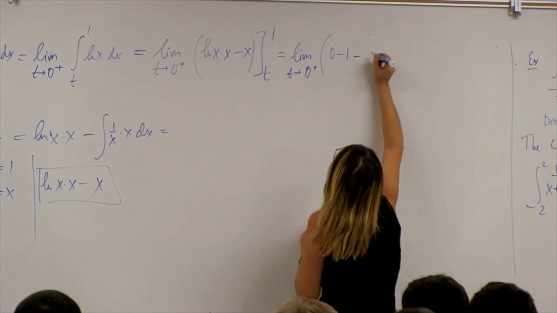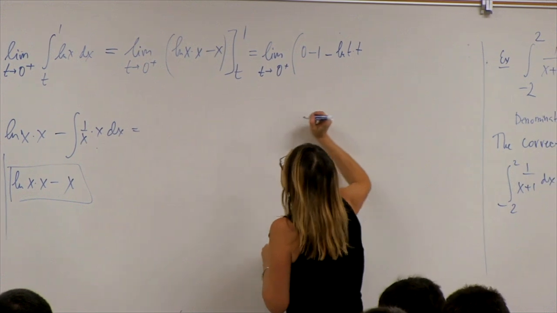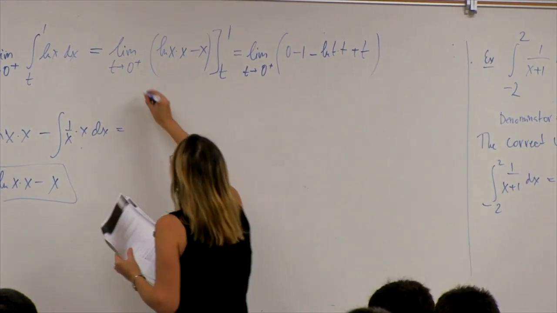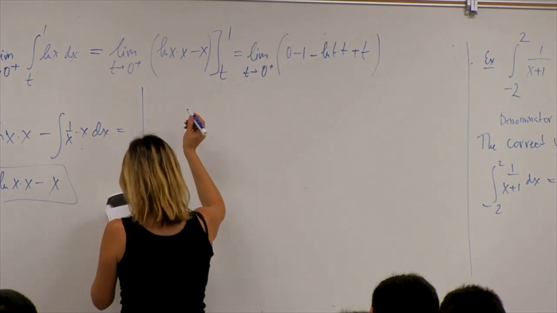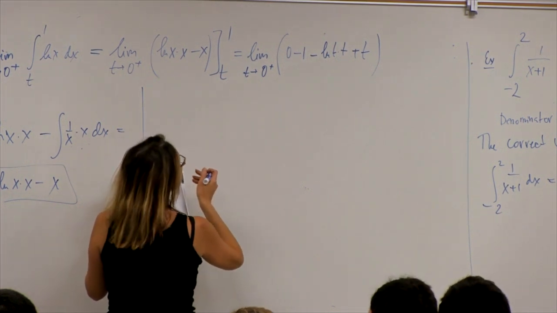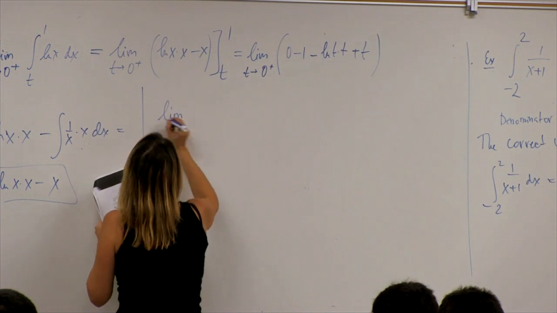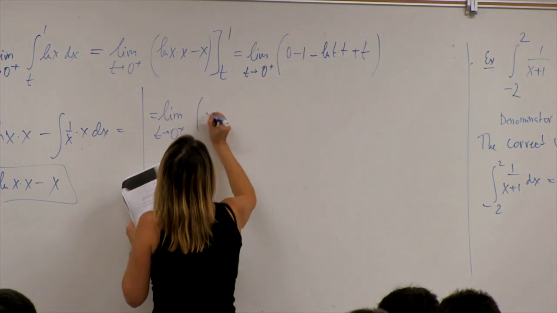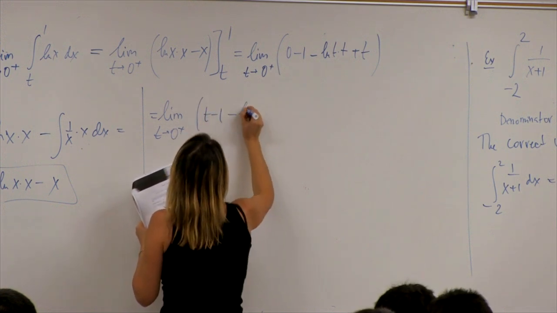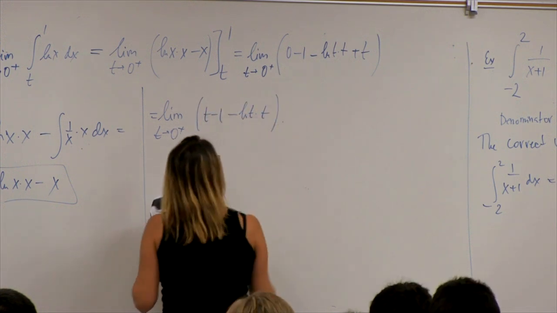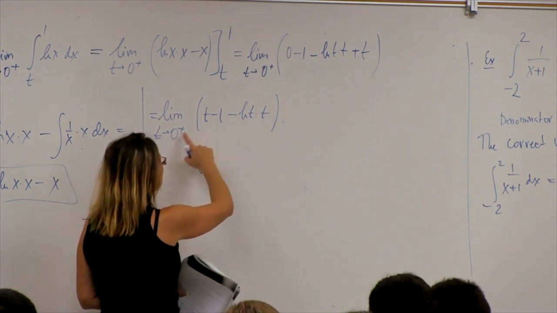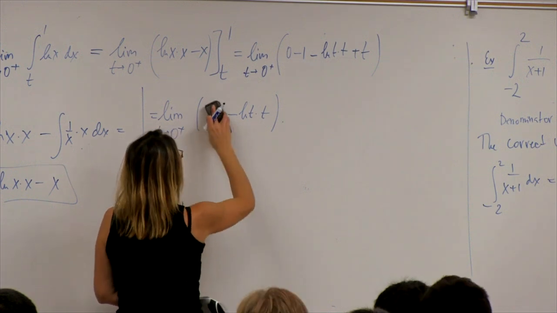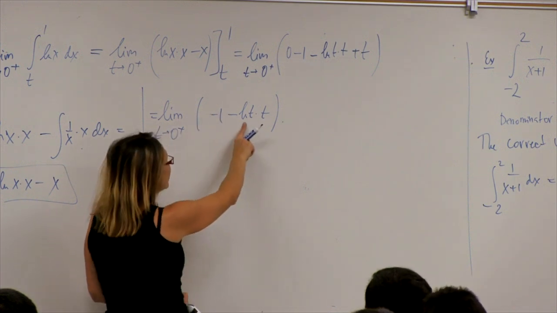Now I have minus log t times t plus t. So that's the limit as t goes to 0 plus of t minus 1 minus log t times t. I know that when t goes to 0, the t term is 0, so I don't even have to worry about it. I have minus 1. And I have log t times t.